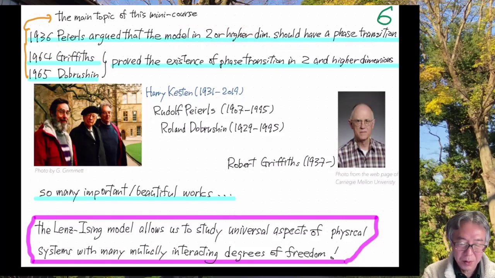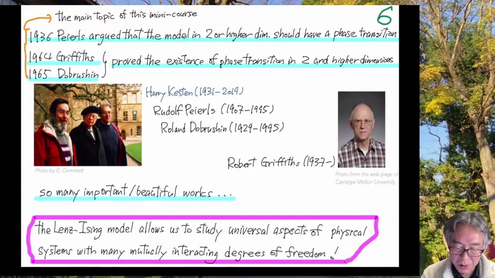And then later, in 1964-65, Professor Griffiths and Professor Dobrushin, he is basically a mathematician, and Griffiths is a mathematical physicist, provided a fully rigorous proof of the existence of a phase transition in the two-dimensional Ising model and higher dimensional Ising model, by making a rigorous version of Peierls' argument.